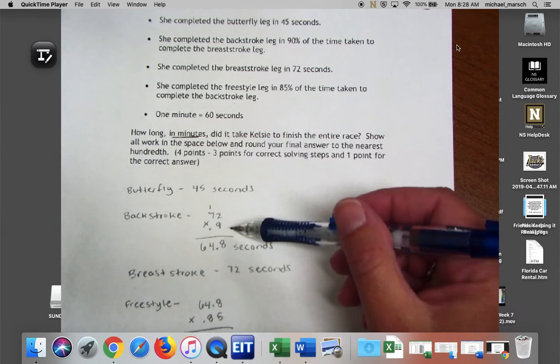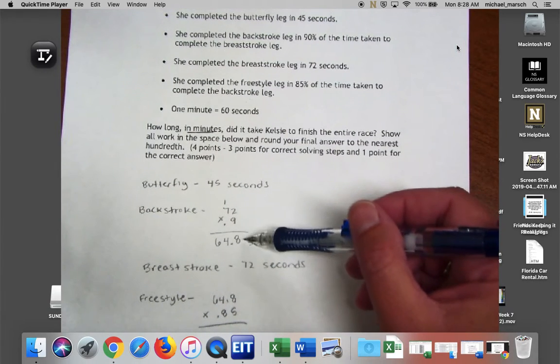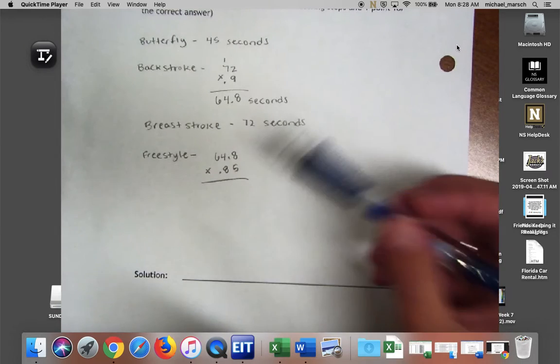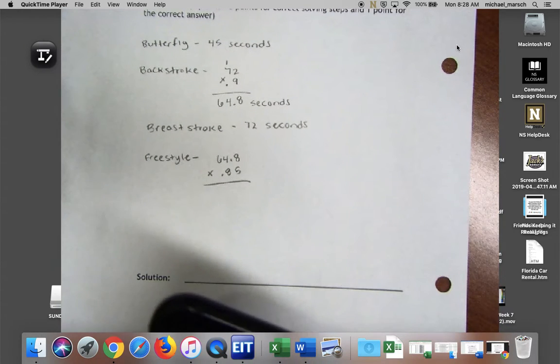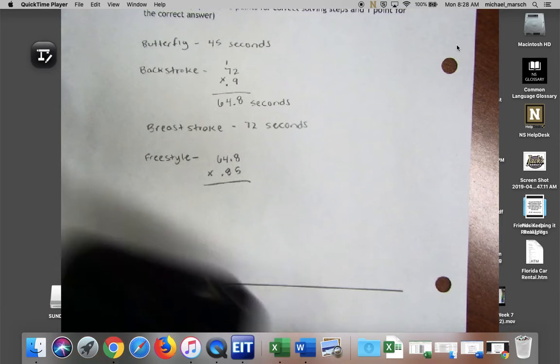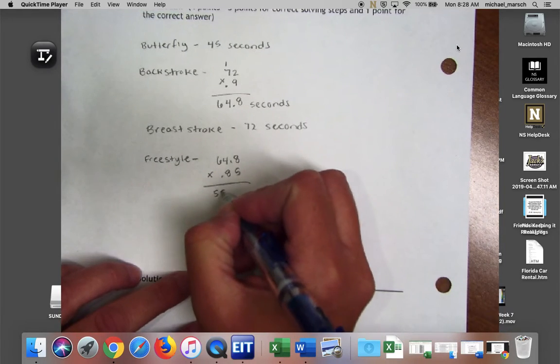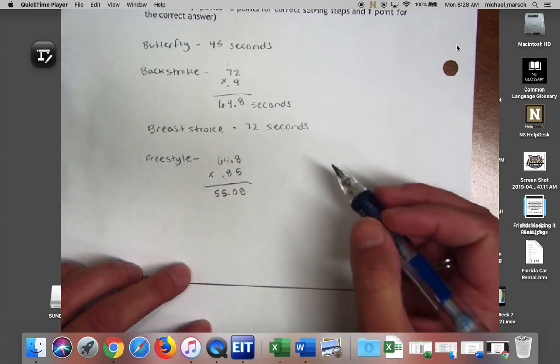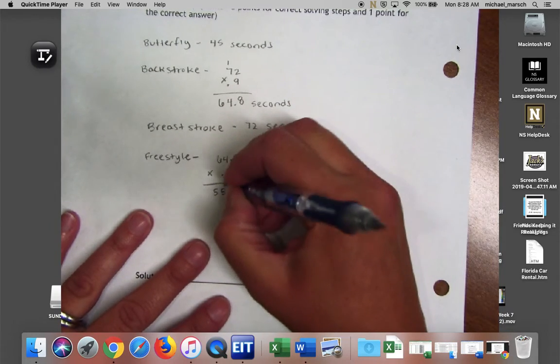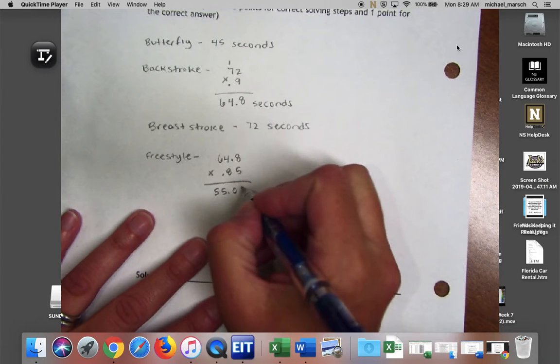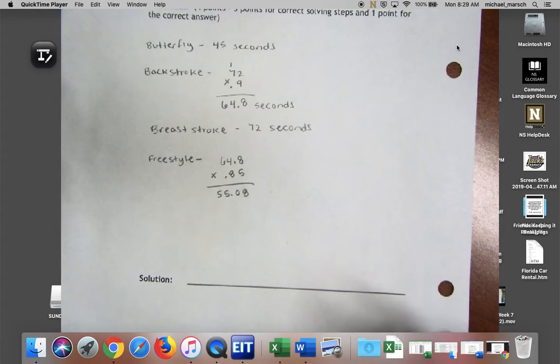Obviously, I didn't use one here because that's faster for me to just do it than get out my calculator. But here, I'm going to use my calculator. 64.8 times 0.85 is 55.08. So when I tell you to show me your work, I want you to show me what you put into your calculator, okay? There seems to be some confusion there.